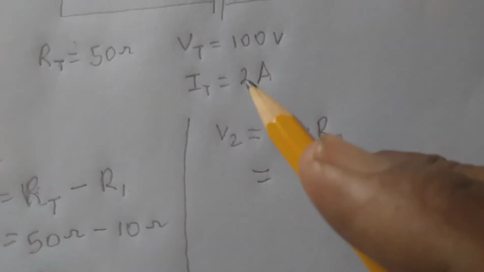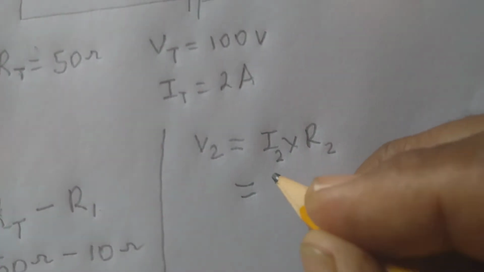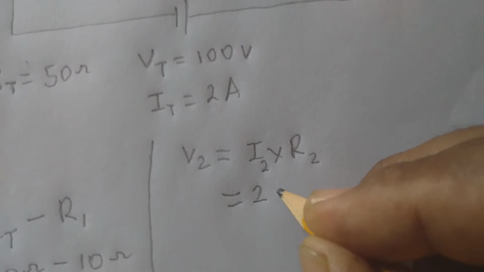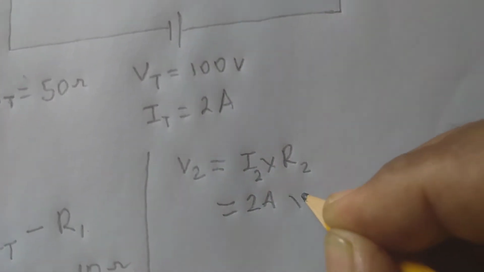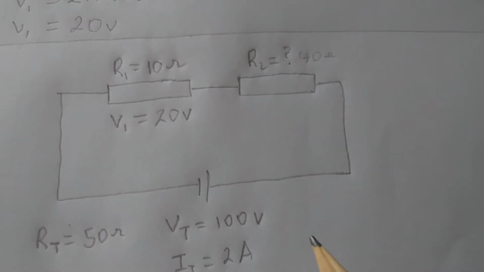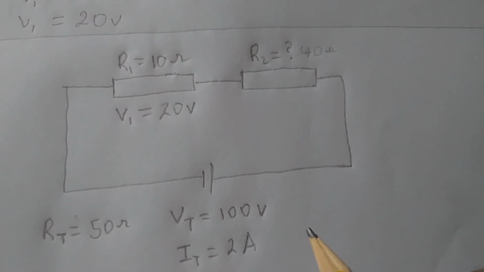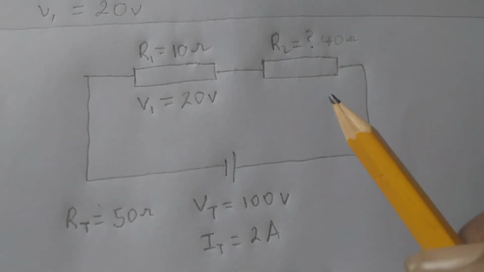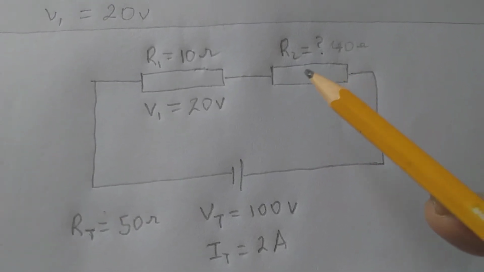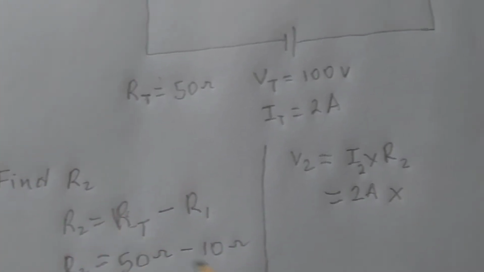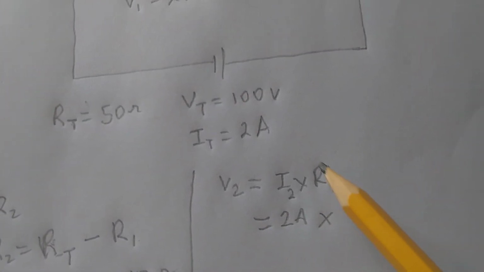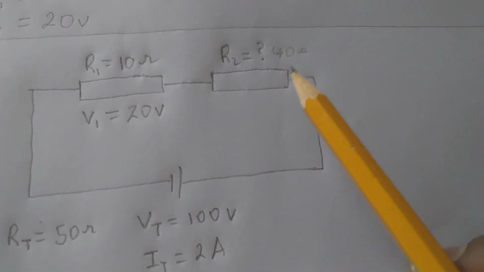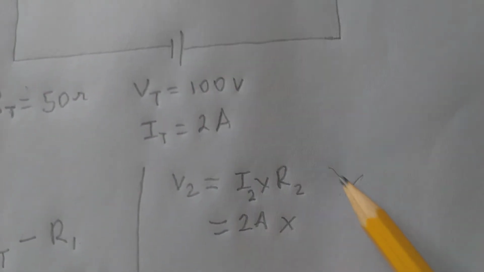So we're going to use 2 amperes for I2, multiplied by R2. So this formula could not work because we don't have R2. So this formula is a no.